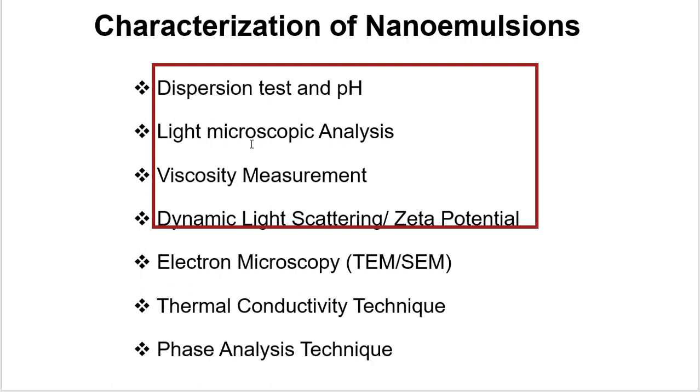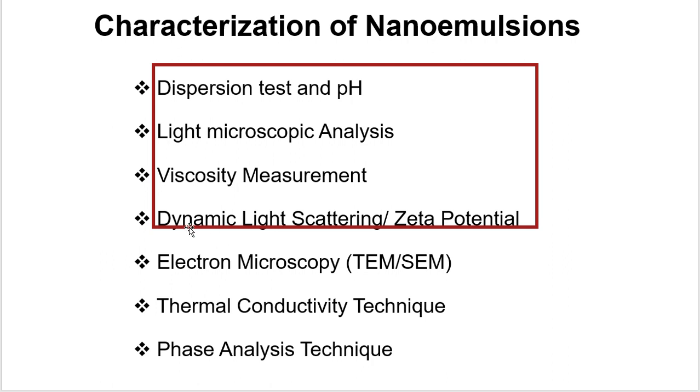We can also use Sudan dye and different dyes to stain the droplets to see them clearly in the light microscope. And viscosity can be measured by using a viscometer.